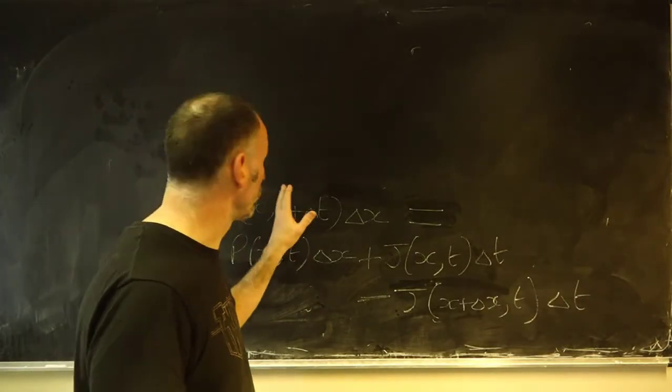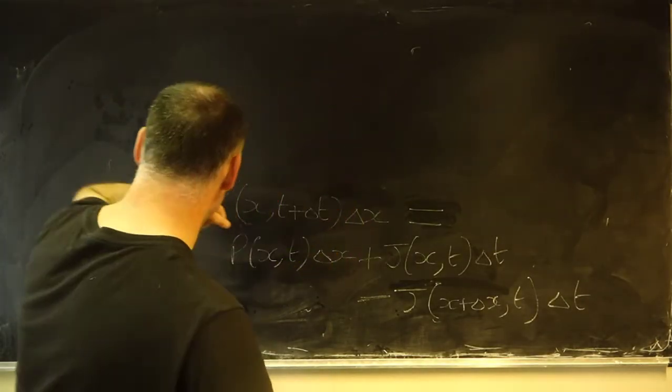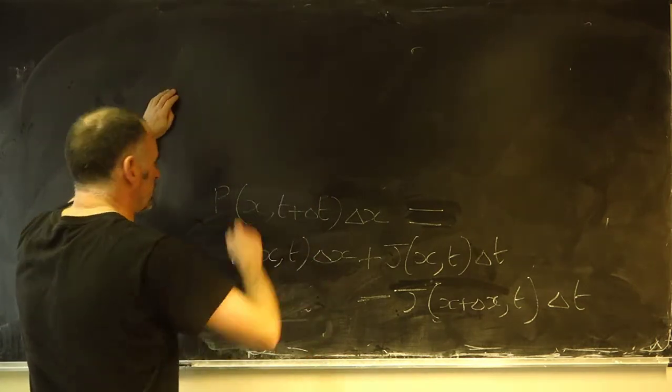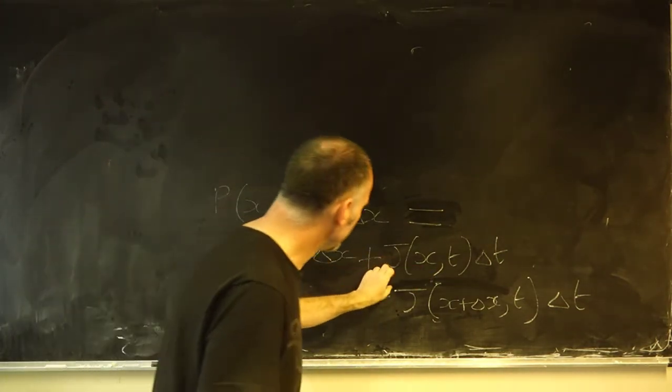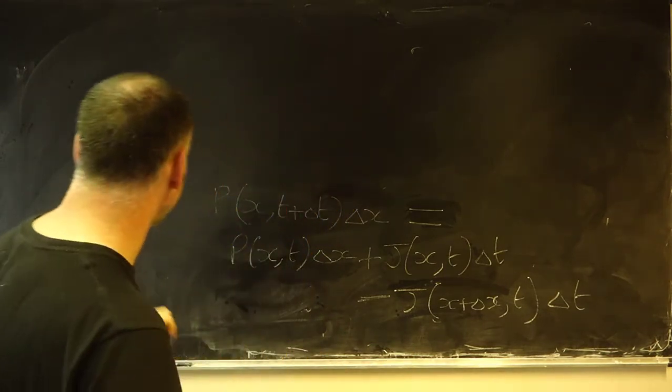Okay, let's rearrange this. We're aiming for a differential equation, which is why I set it up, that relates the probability density to the probability current.